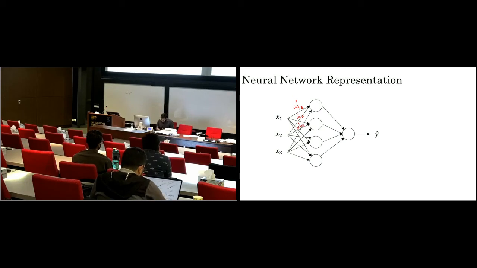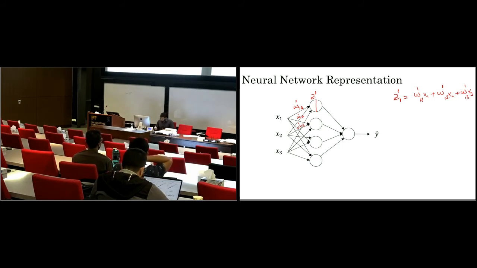Okay. So I'm going to call this Z1. So the first element of Z1 is equal to W1,1,1 times X1 plus W1,1,2 times X2 plus W1,1,3 times X3. Okay, everyone agrees with this?